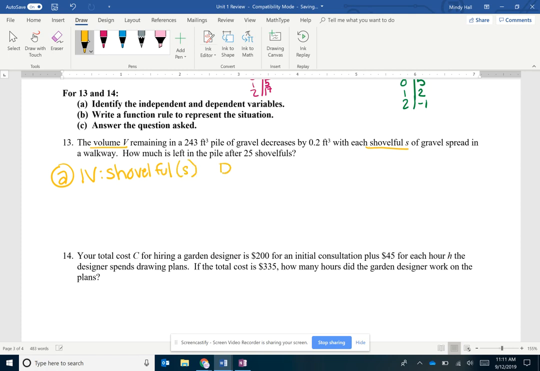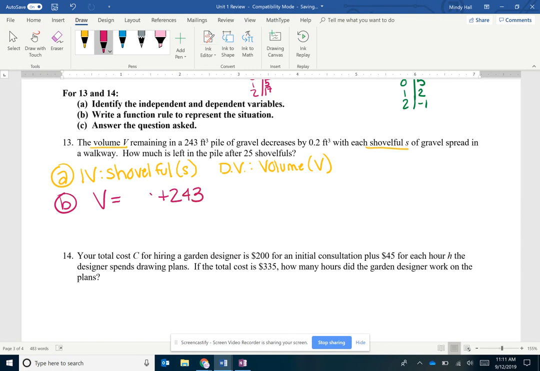And my dependent variable is volume. So then, to write a function rule for this, we're going to have volume equals, because remember, it's based off of those shovelfuls. We started with 243, so that would be like my y-intercept.